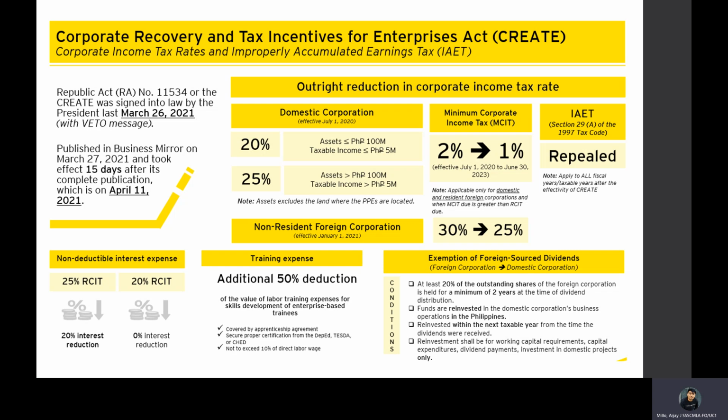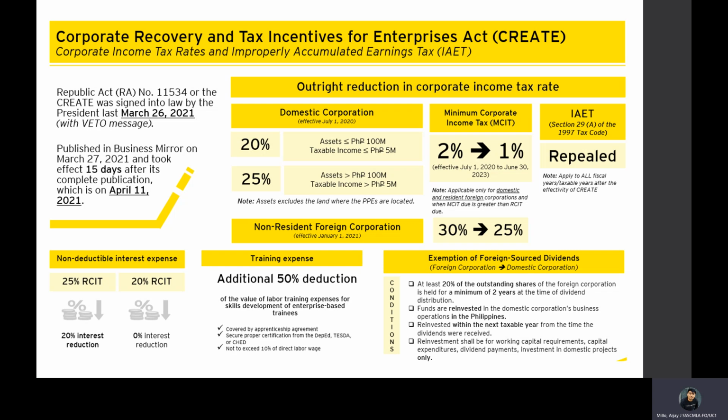However, if you have asset equal to 100 million and below and taxable income equal to 5 million and below, itatax ka lang ng 20%. So dun sa computation natin ng asset, excluded yon yung amount ng land where the PPEs are situated.